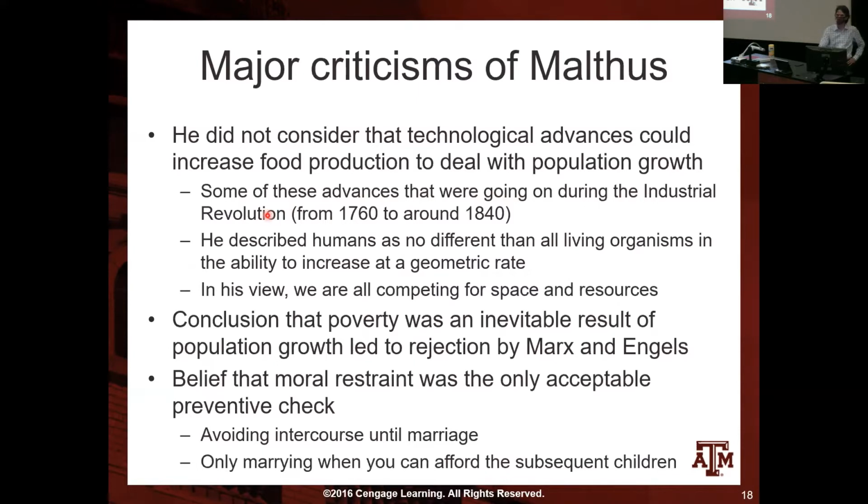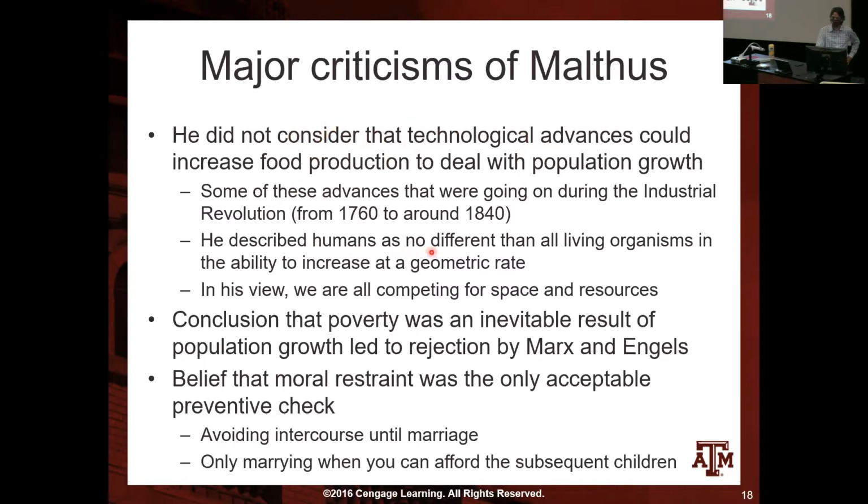The Industrial Revolution is a moment in human history when we start to be able to produce food supply for the population at a much faster pace than we thought before. And afterwards, with the Green Revolution in the 60s, with more advancements in technology, we reached even faster production. So the answer to your question is no, he did not think that we would be able to do that.